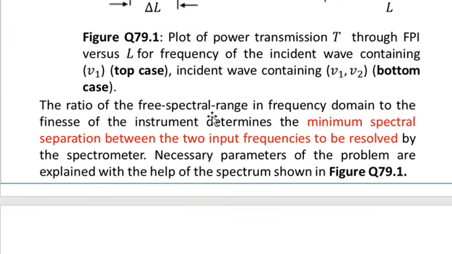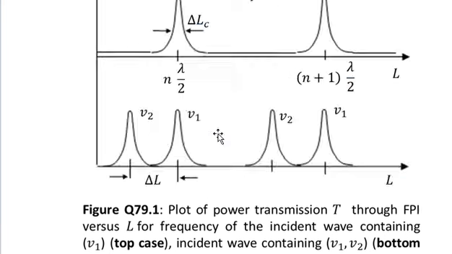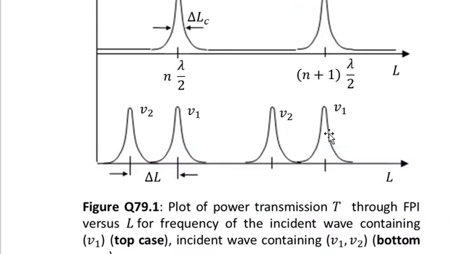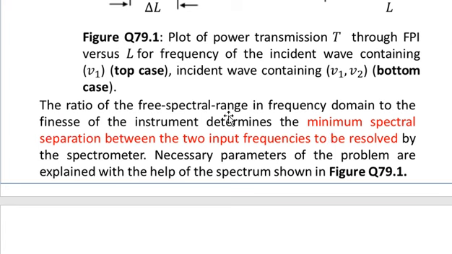The ratio of the free spectral range in the frequency domain to the finesse of the interferometer is given in equation number 7. So the ratio of the free spectral range in the frequency domain to the finesse of the instrument determines the minimum spectral separation between the two input frequencies to be resolved by the spectrometer. Necessary parameters of the problem are explained with the help of the spectrum shown in figure 79.1.